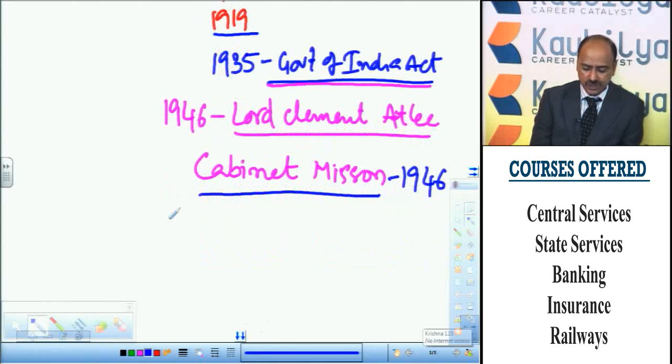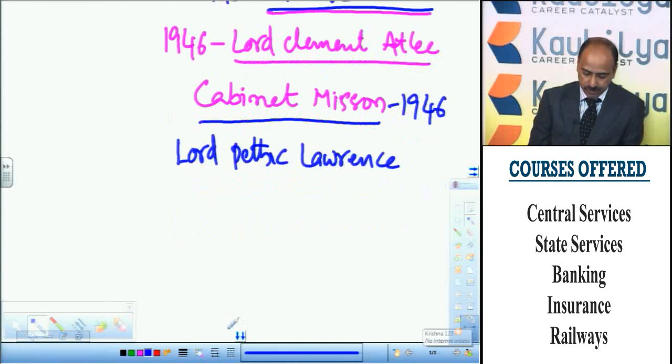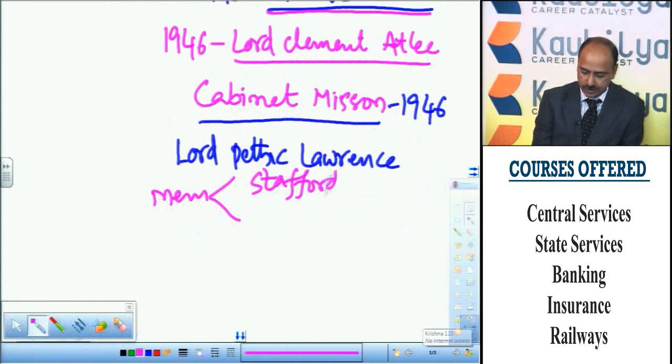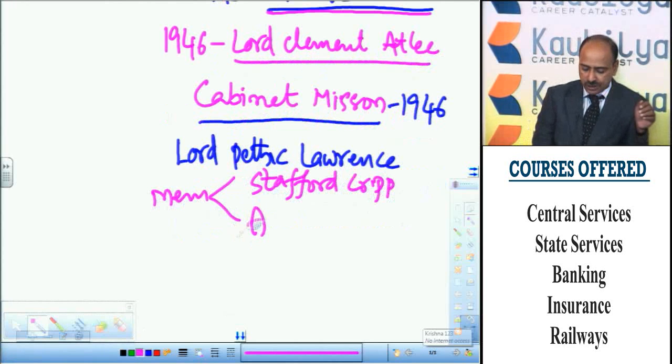This mission's chairman was Lord Pethick Lawrence. He was one of the cabinet members of Lord Clement Attlee. And the members are Stafford Cripps and A.V. Alexander.